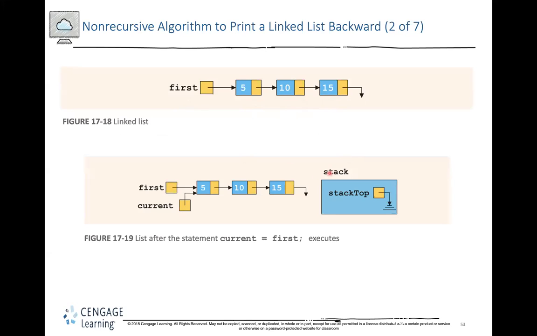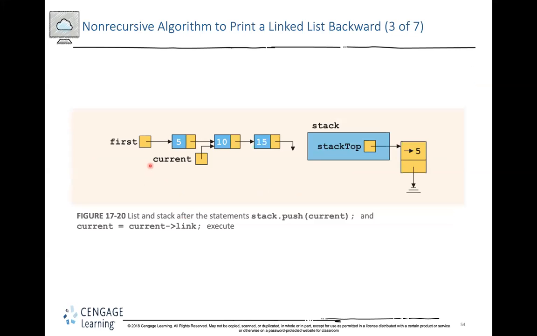So what we do here is initialize a stack and make a pointer variable called current. Then for each current element, we push that on the stack. So 5 was pushed on the stack. And we're not pushing the value, we're pushing the pointers, by the way.